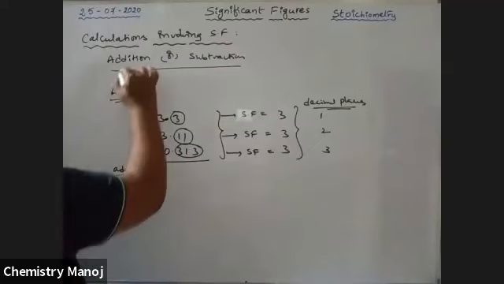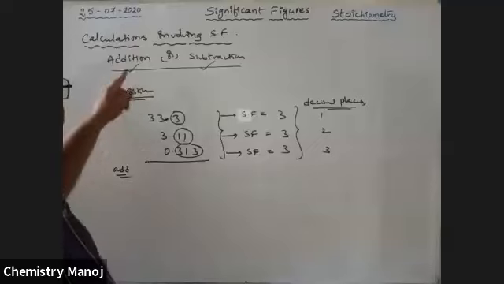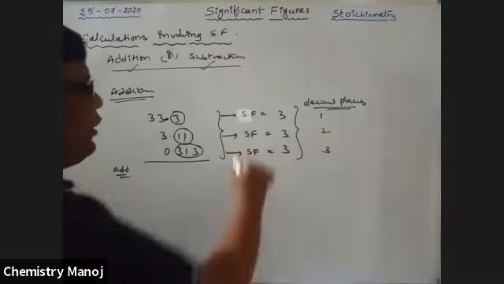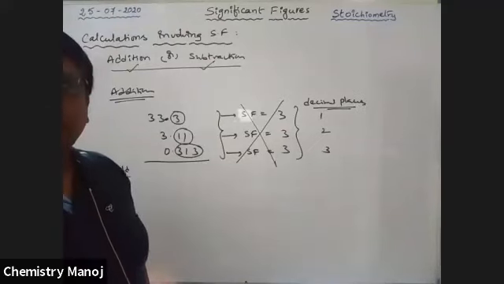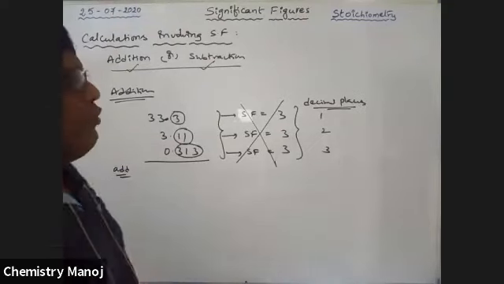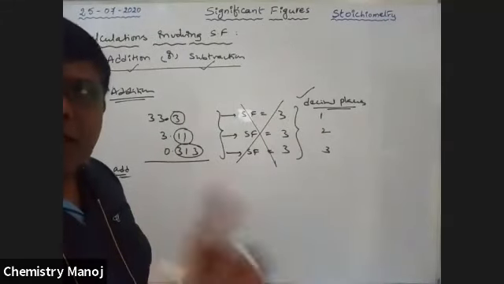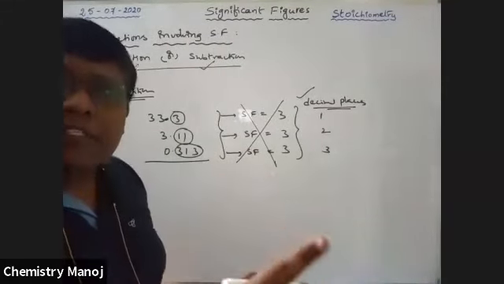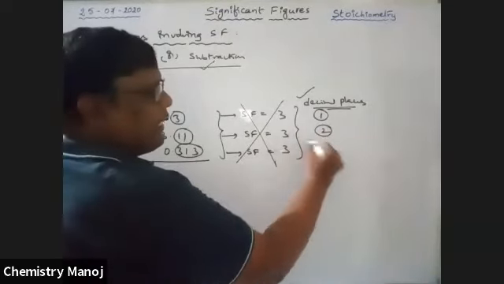So during addition or subtraction, listen carefully, boys. We don't use significant figures. We use decimal places. The final answer is given with the least number of decimal places. Here 1 decimal place, here 2, here 3.